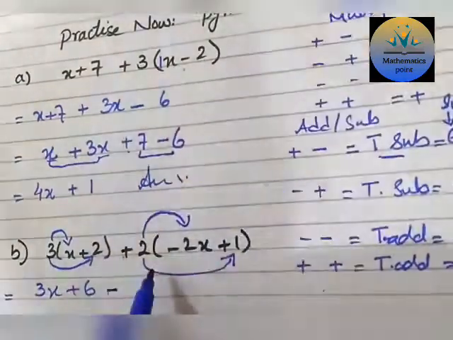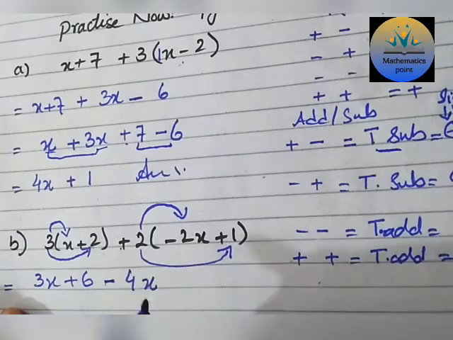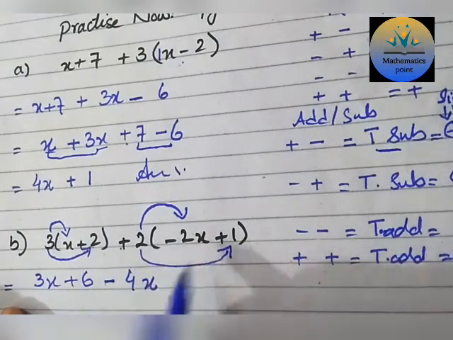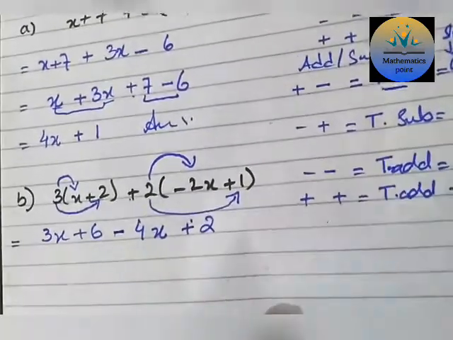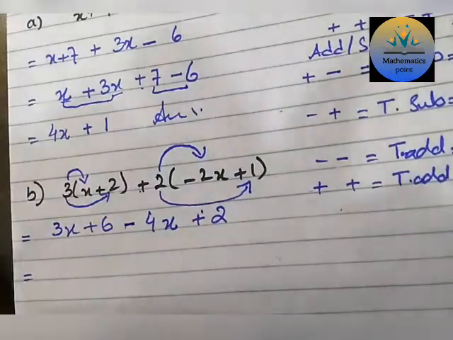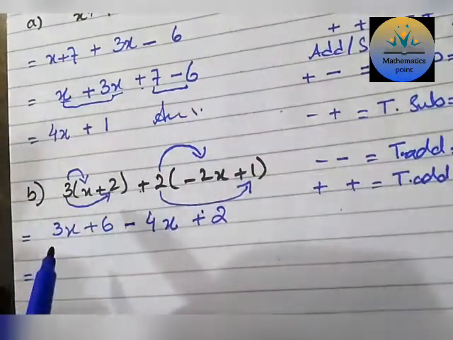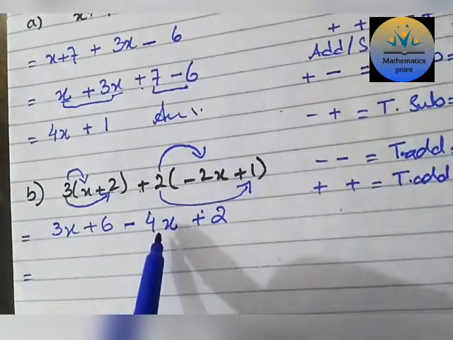2 into 2, 2 2s are 4, and what is the variable here? X. Then plus plus plus, 2 1s are 2. Now you can see on the screen or in the paper that when we expand the terms, we have constant as well as the variable term.